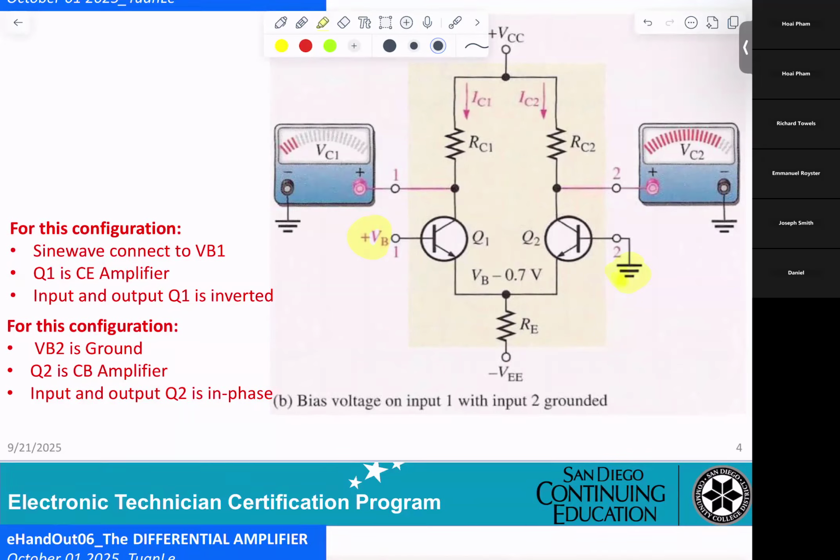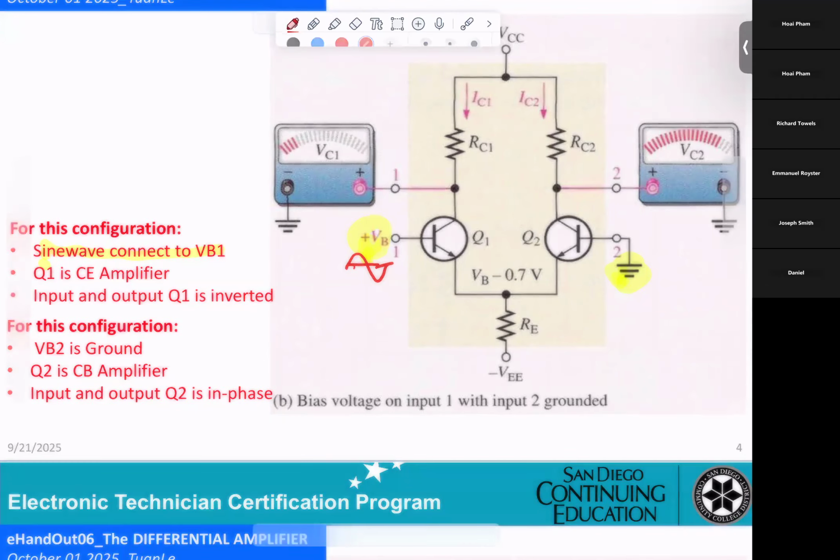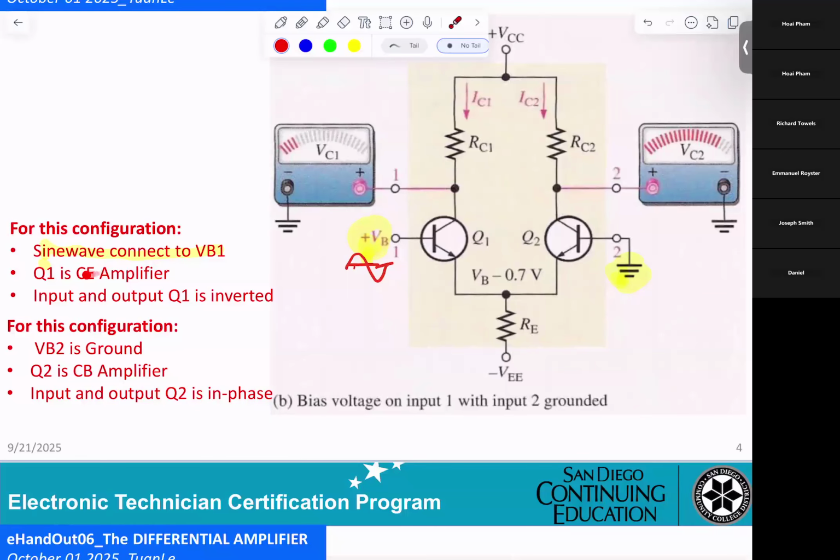For this configuration, the signal connects to VB1, and Q2 is grounded. So they said Q1 is a CE amplifier.